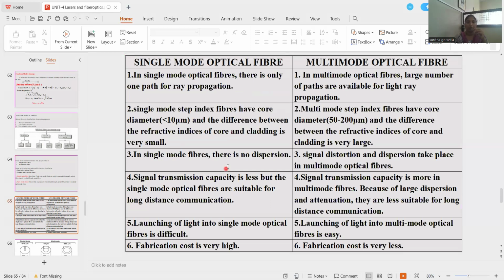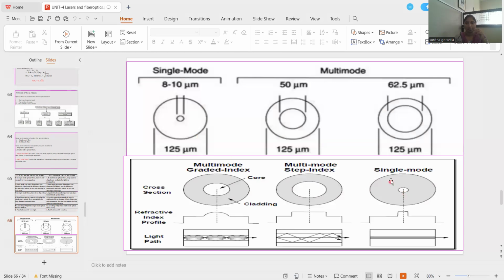Now see the differences between single mode and multimode optical fibers. In single mode optical fibers, there is only one path for ray propagation. See here, single mode fiber.